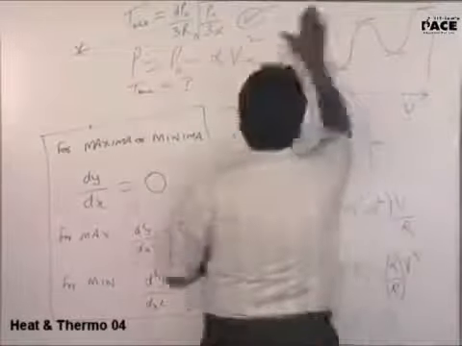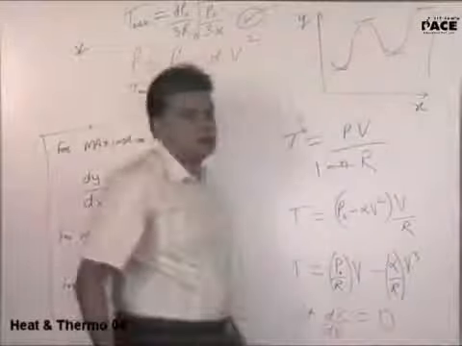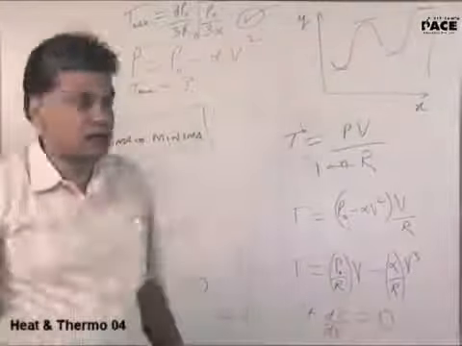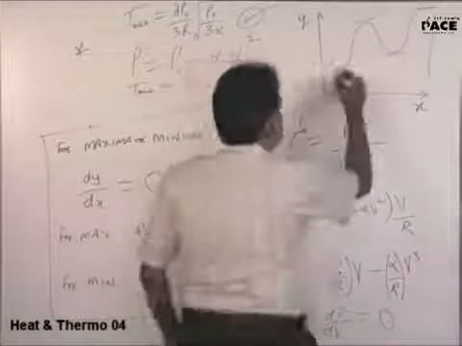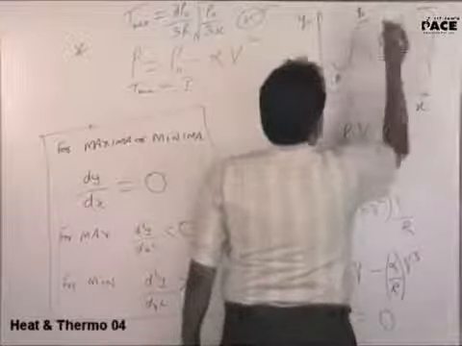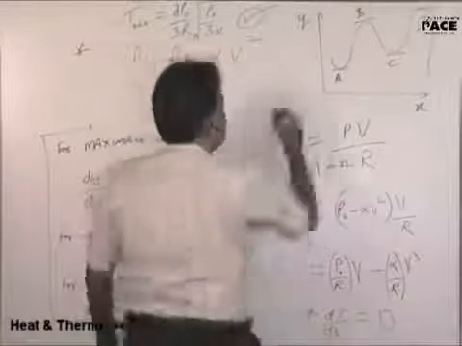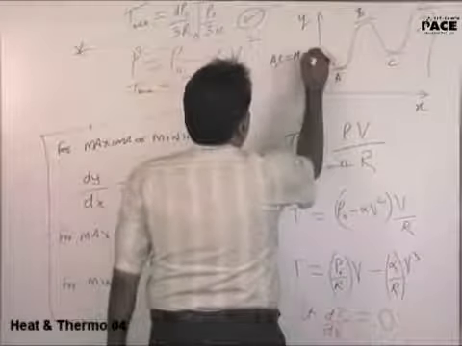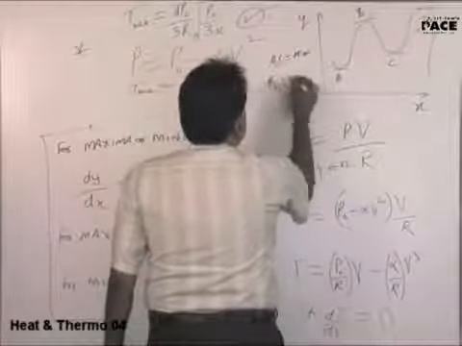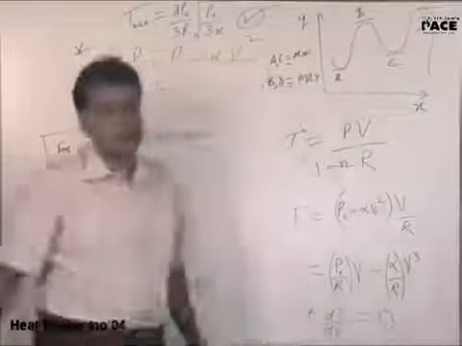If you take this as a y function, y versus x, some strange shape, you can understand that A, B, C, D. You understand that A and C are minima, B and D are called maxima.